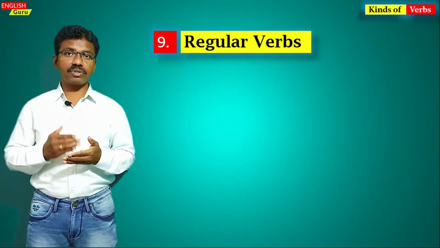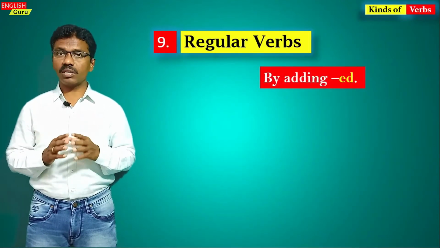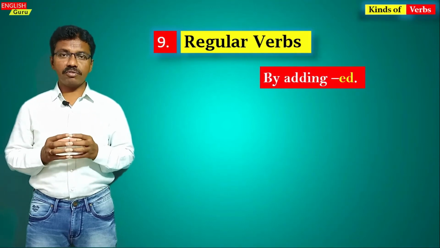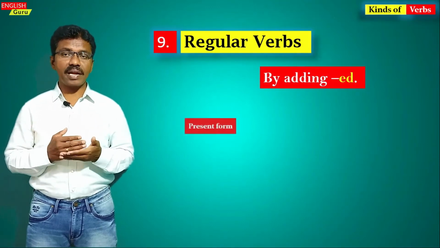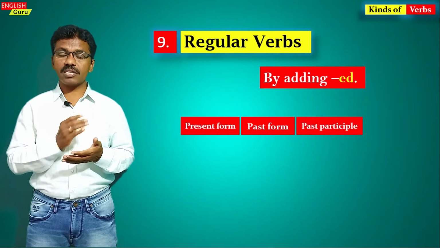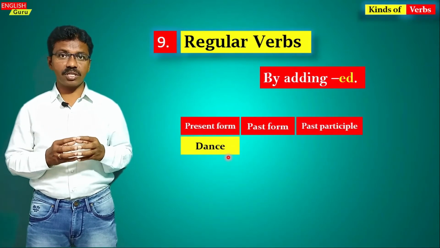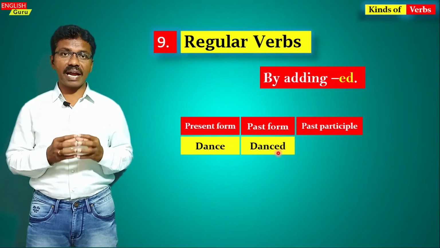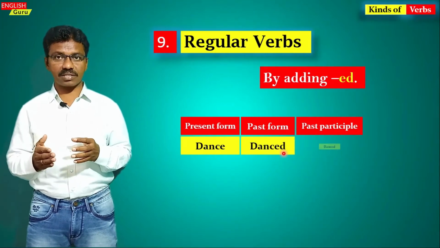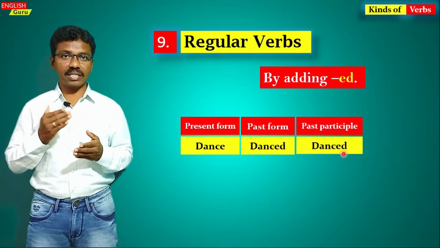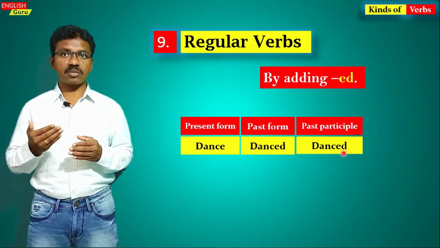Now let us move to the ninth one, that is regular verbs. Regular verbs are formed by adding ed to the base form of the verb. For example, dance is a base form of the verb, a present form. If you add ed, it becomes danced, that is the past form, and also the past participle.